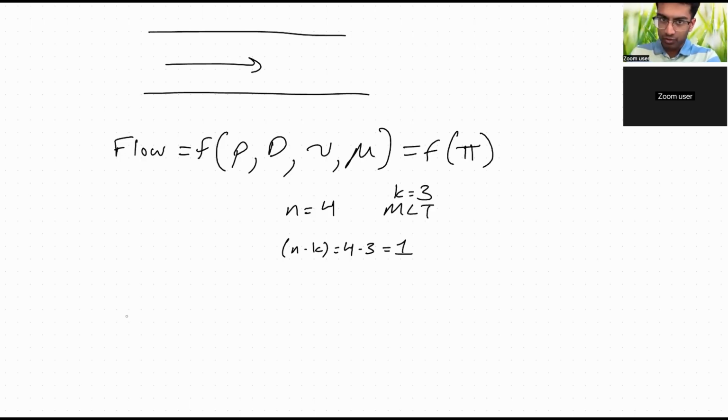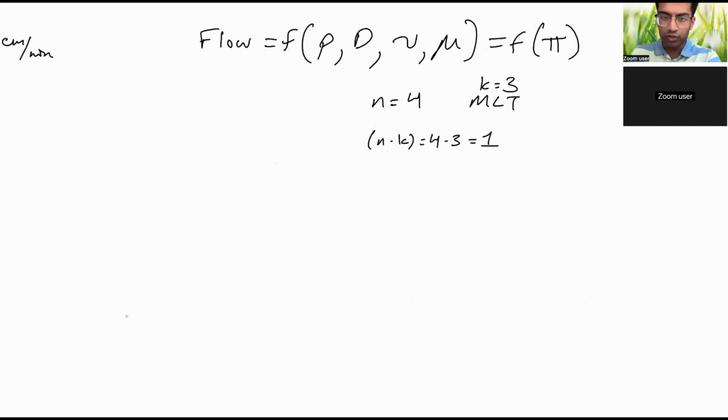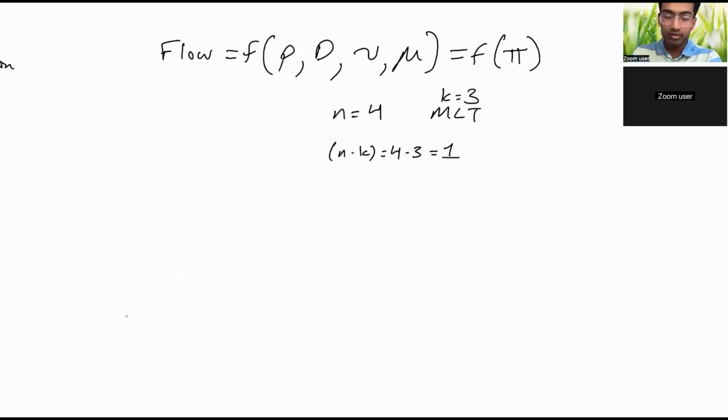So first, let's take each one of these variables and actually put them in terms of their fundamental dimensions. So for example, the density is mass per volume, which is length cubed. I like to put everything in one line, so I'll use the negative exponent here: M L^-3.